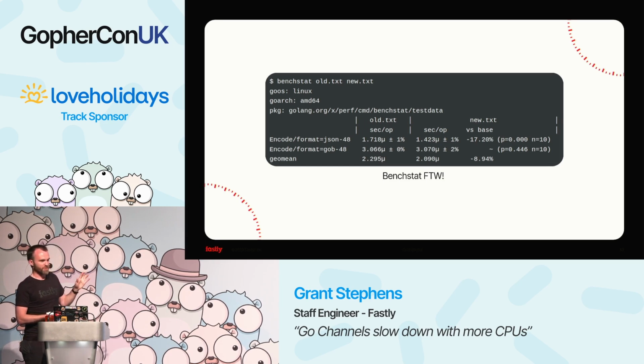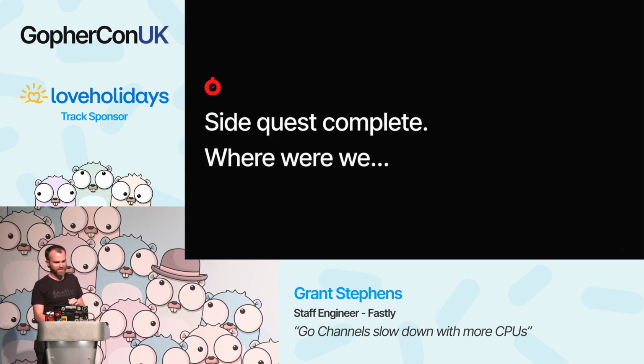So when you're doing this for 128 different CPU counts that keep on increasing all the way up to 128, benchstat saved me a lot because I didn't want to average out all the text files by myself or try and do something in Excel to sort that out. So, side quest complete. We now have benchmarking tips and tricks, and we've made our lives a whole lot easier.